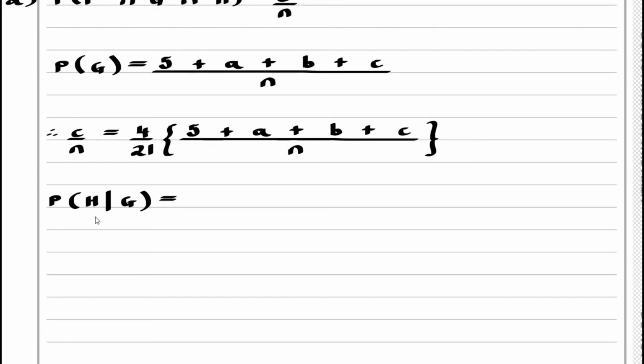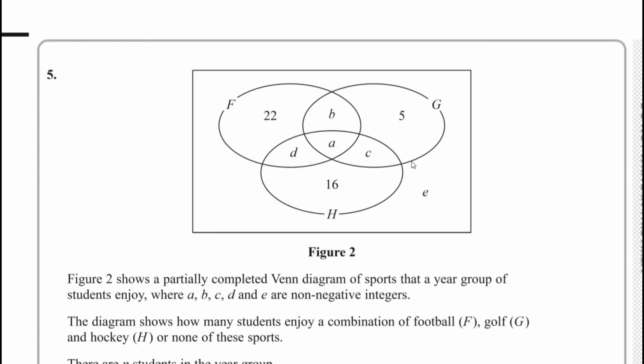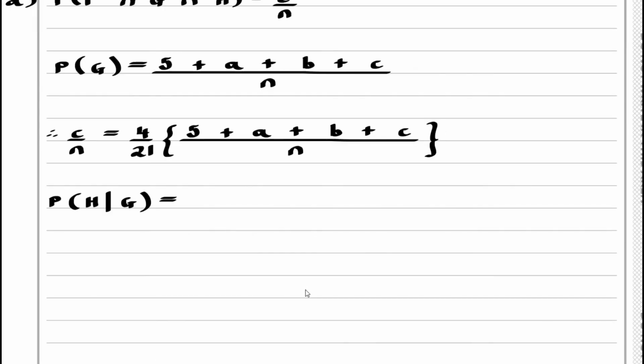And what we can also find out is the probability of H given G. So given G, how many is H? Well, that will be the A and the C added together. So the probability of H given G is equal to A plus C over 5 plus A plus B plus C. So now we know what that is.